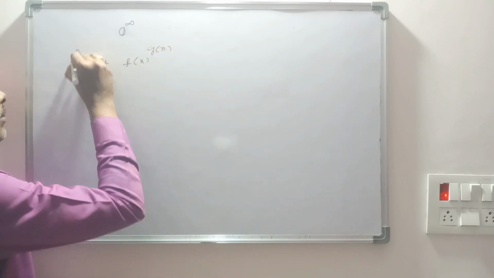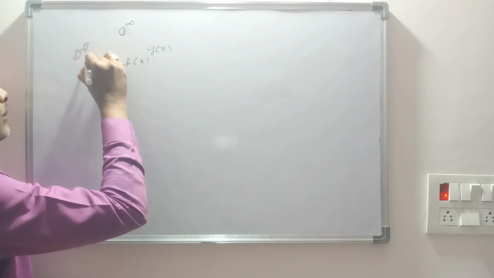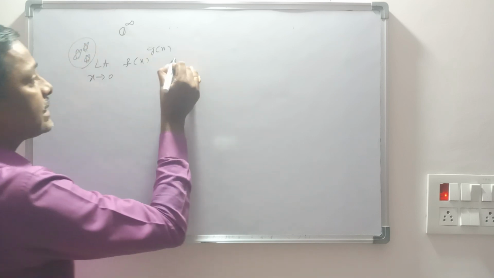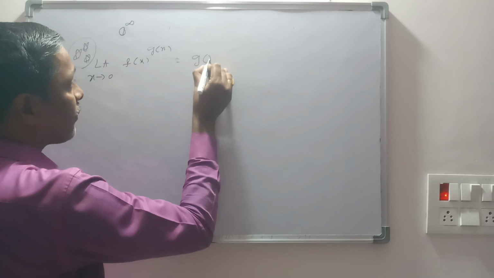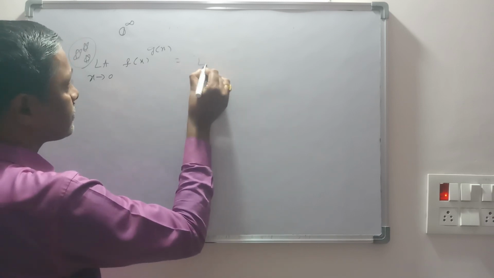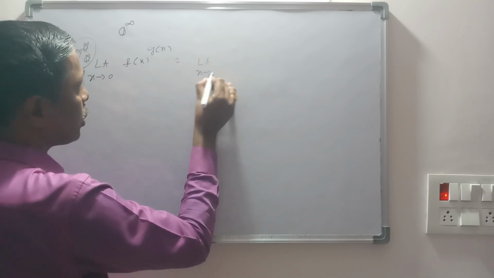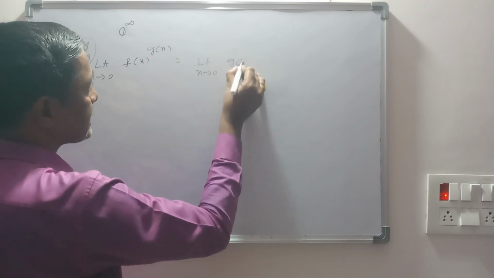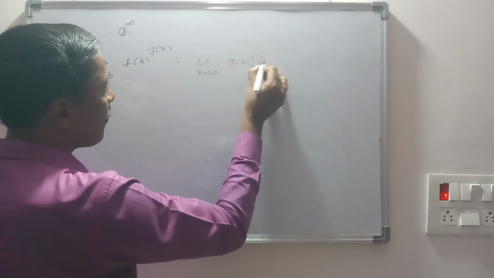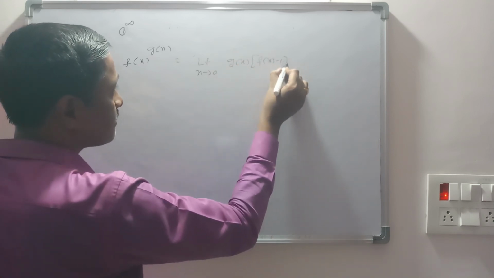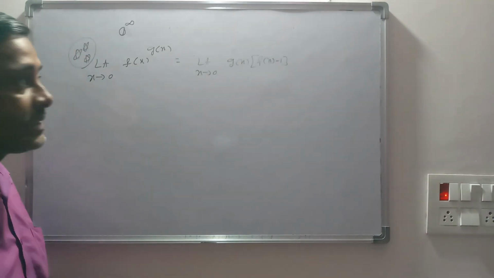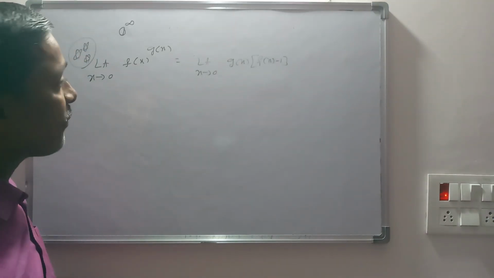This is a most important, very important formula. This can be written as e power limit x tends to 0, g of x into f of x minus 1.